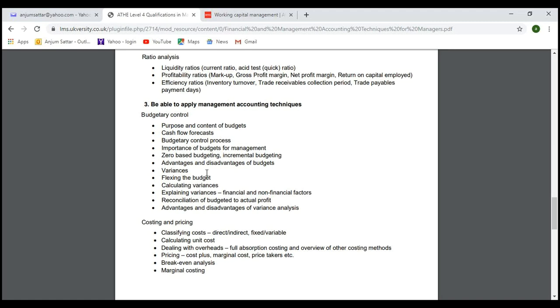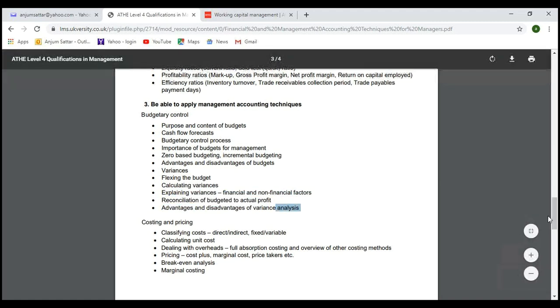Variance is the difference between budgeted and actual. We discussed different types of variance and the causes of variance. Explaining variance, we discussed financial and non-financial aspects, and how we can reconcile them.